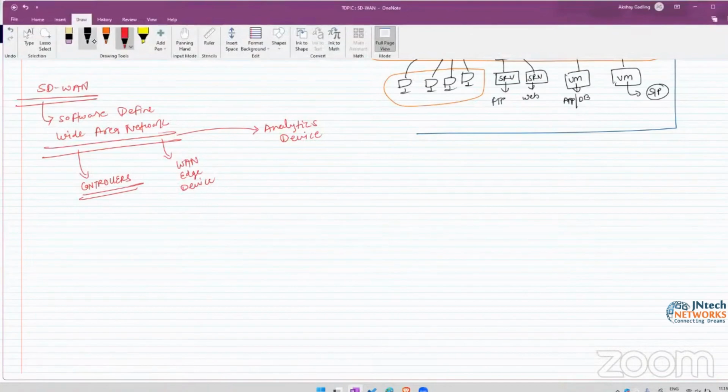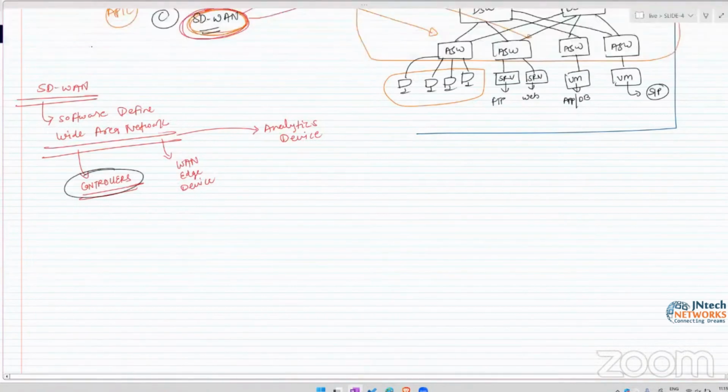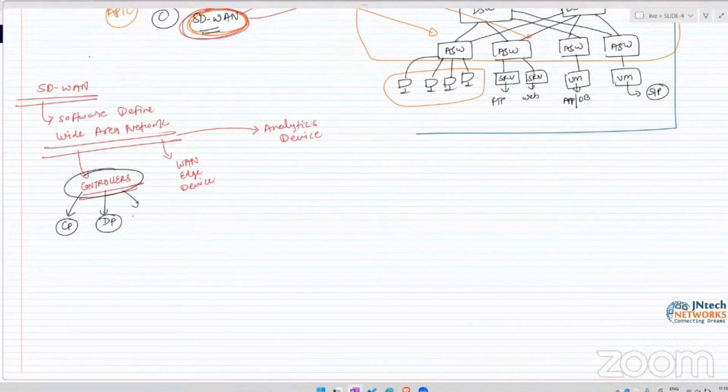Now, one by one, why do we use these controllers? These controllers help to maintain your control plane separately, data plane separately, management plane separately, service plane separately. In real time, we are using some types of controllers.